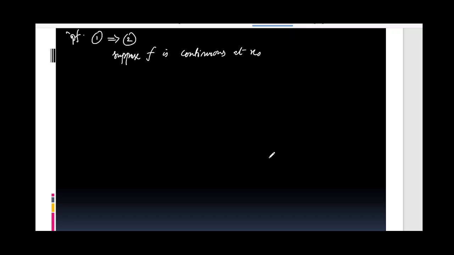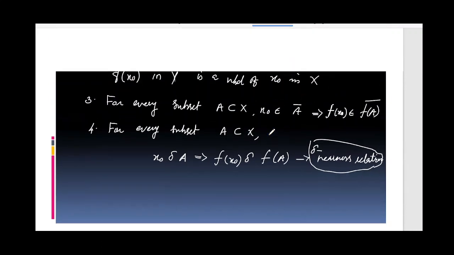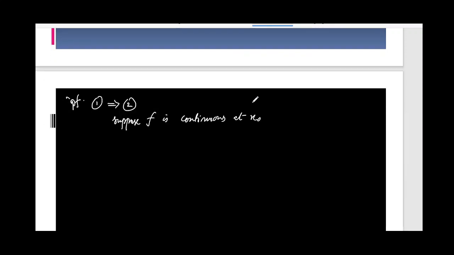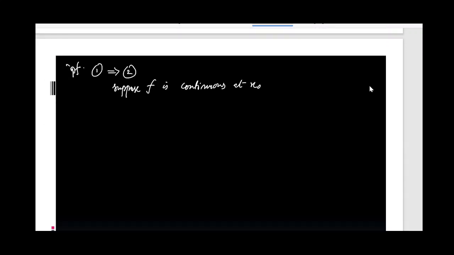Now what do we want to prove? We want to prove that the inverse image under f of every neighborhood of f of x naught in Y is a neighborhood of x naught in X. That means, here we have X, here we have Y, here we have f of x naught.